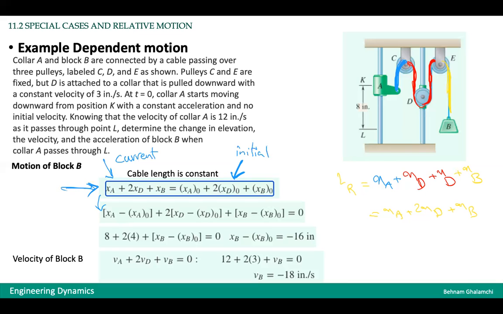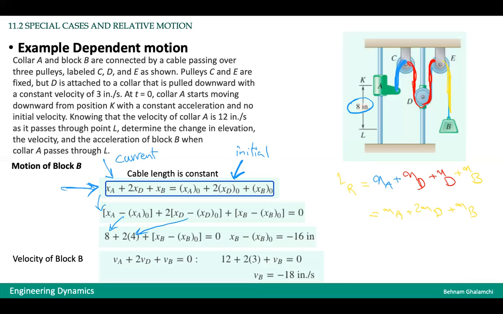Okay, so XA minus XA0, this is 8. We didn't even have to find it, it's given. Collar A traveled 8 inch. XD minus XD0, we found it in a previous slide.